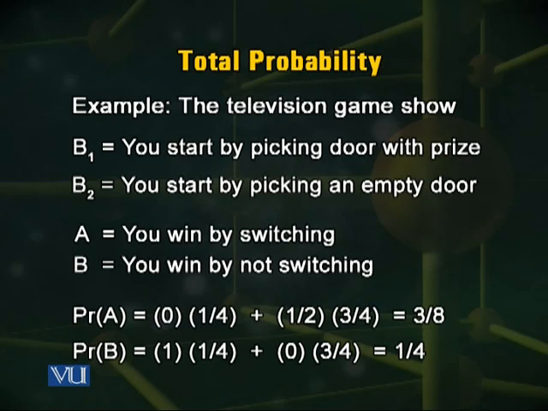If you put all these numbers together, as I have done on this slide, you will see that the probability of you winning by switching is equal to 3 by 8 and the probability of you winning without switching is 1 by 4, which is less. Hence, it is to your advantage that in such a situation you should switch.